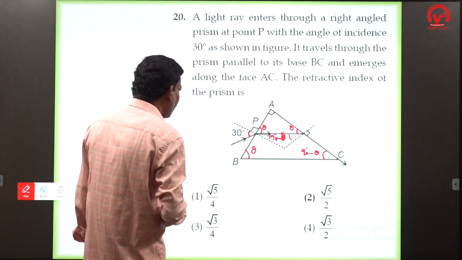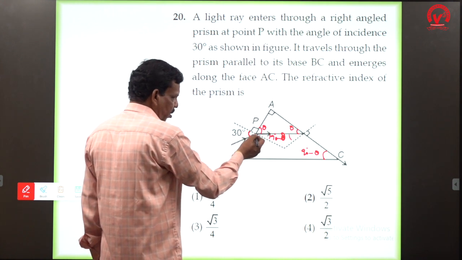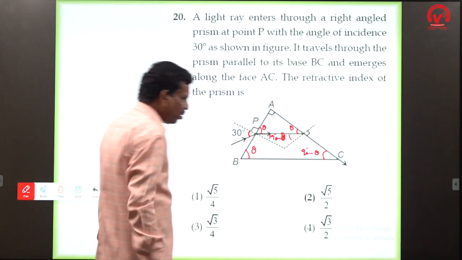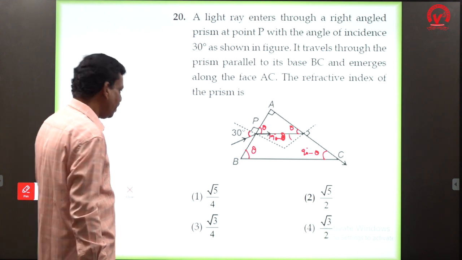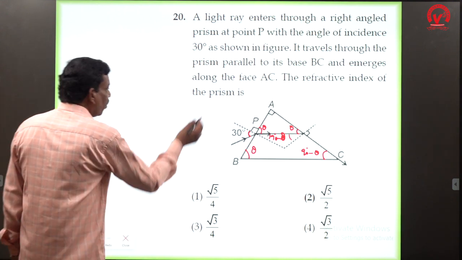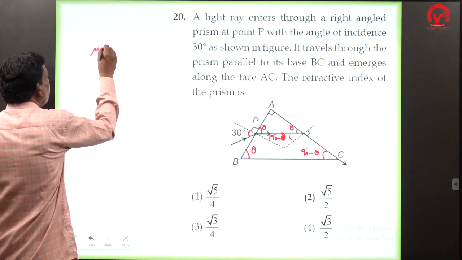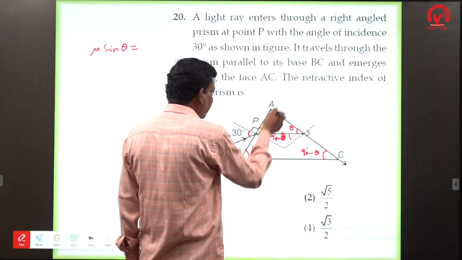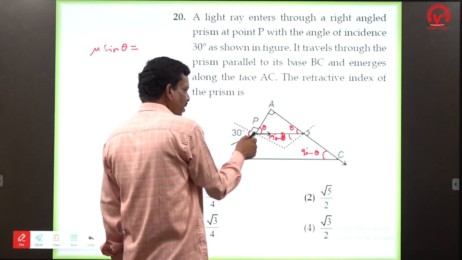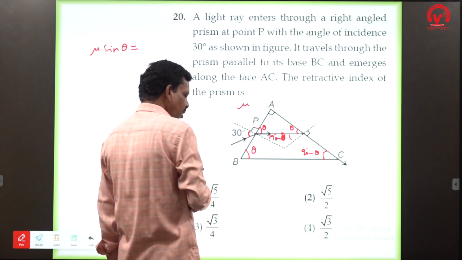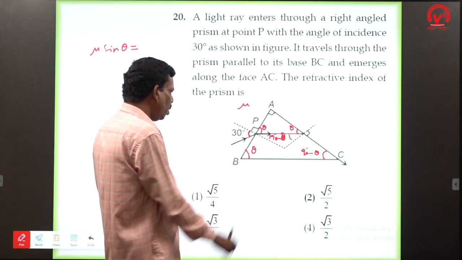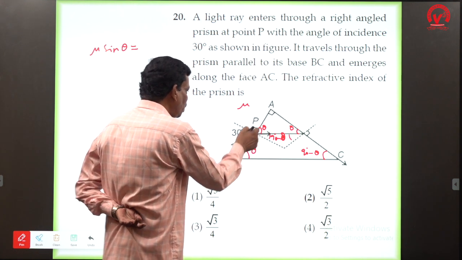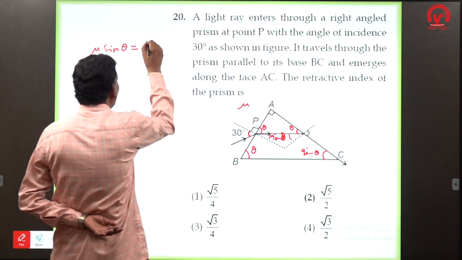Let it be entering AB and emerging at the surface AC. Let's take first mu sin theta. Let the refractive index of the prism be mu. Mu is the refractive index, we require to find the value. Mu sin theta is equal to what we have? 1.